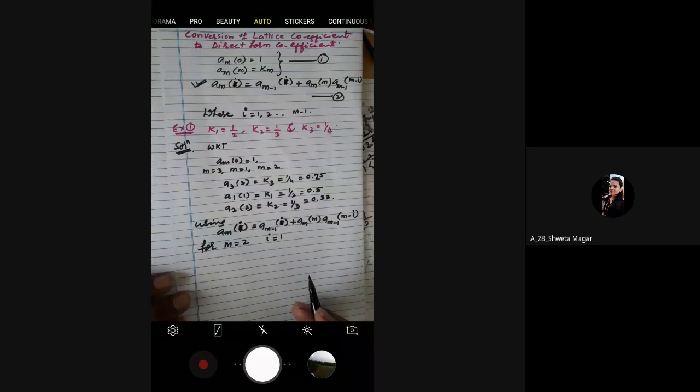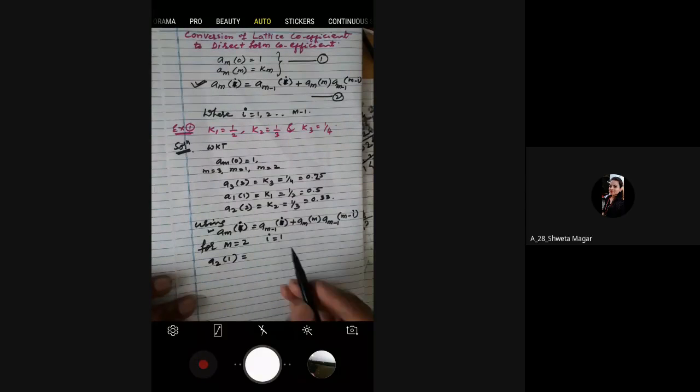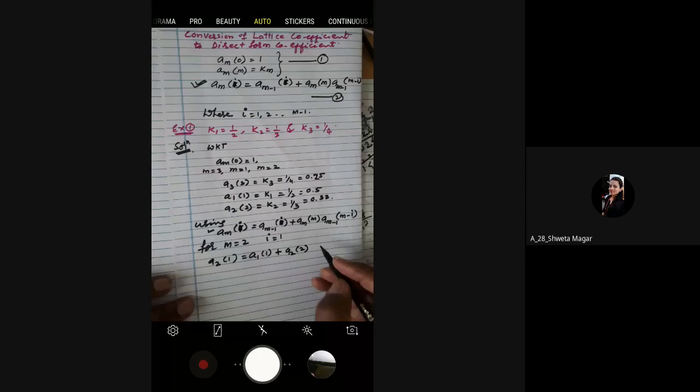Okay. So then, for m equals to 2, the above equation becomes, आप बताएंगे मुझे अभी above equation कैसा होगा? For m equals to 2, it will be a2 of 1 is equals to, what will happen? a_{m-1}, m का 2 है, so I will write a1 of 1 plus a2 of 2 into a1 of 2 minus 1, 1.